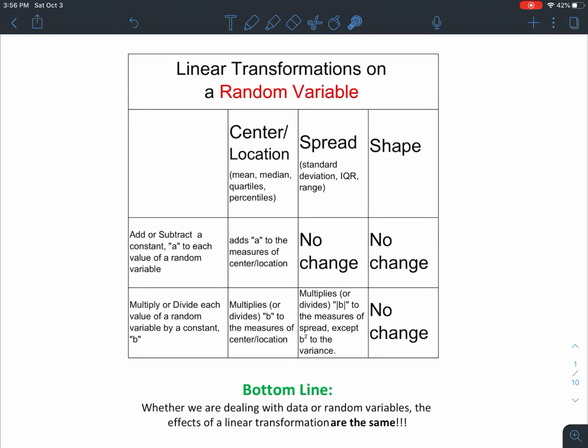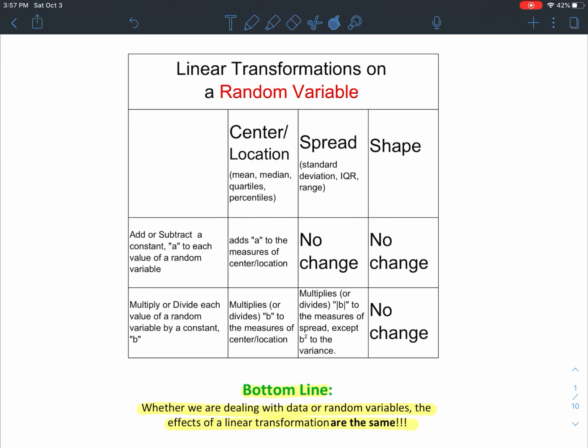Okay. When we move to looking at how random variables are impacted through transformations, you're going to notice here that this is exactly the same rules as we learned in chapter 2 regarding transforming data sets. And we'll look at what we mean by transforming a random variable here.